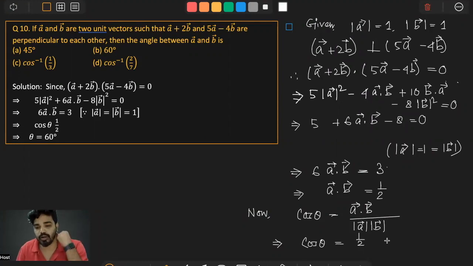So cos theta is equal to 1 by 2, which implies theta is equal to 60 degrees. So the angle between A and B is 60 degrees. Which option is correct? Option B is the correct answer.